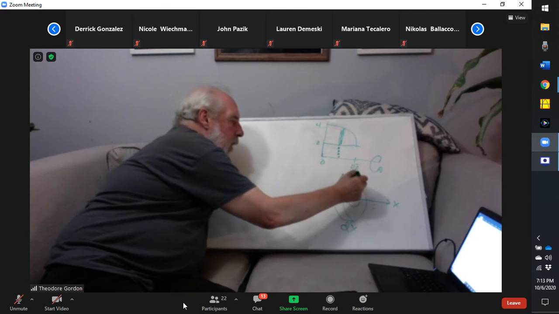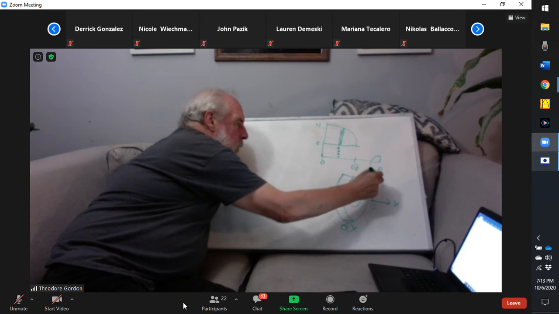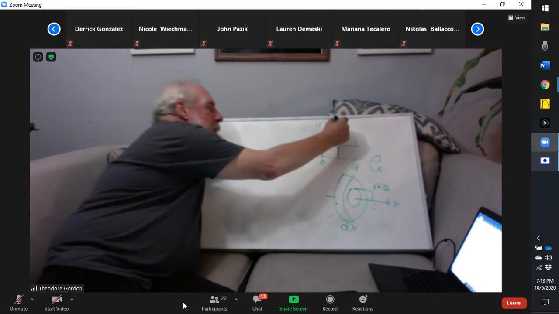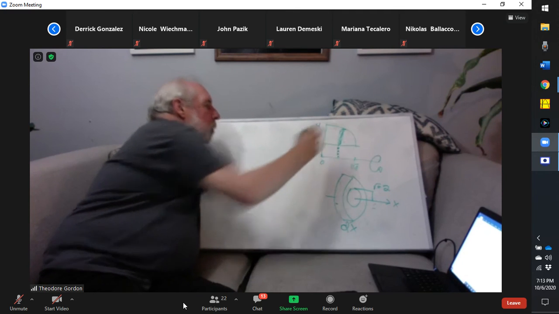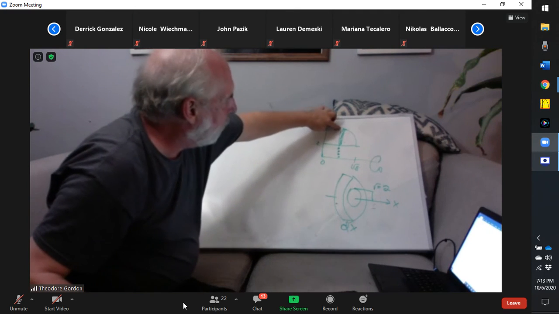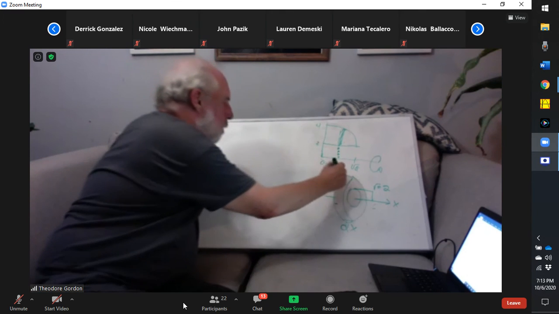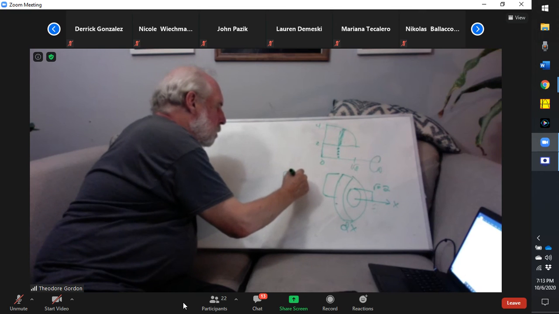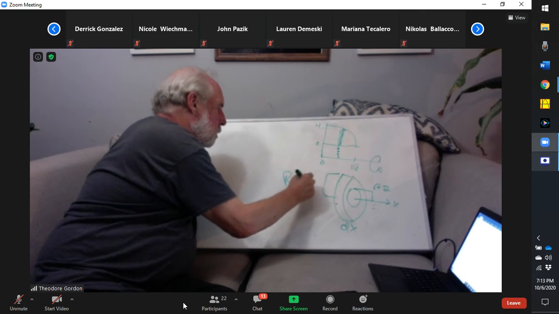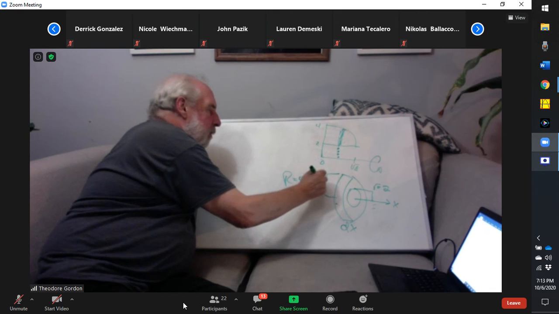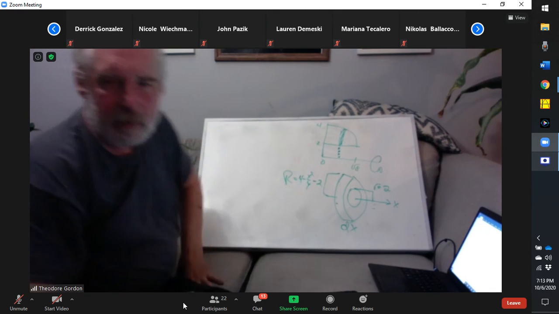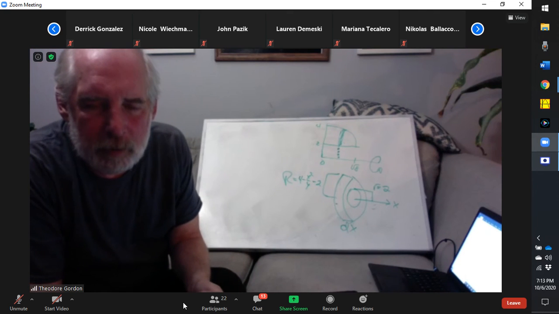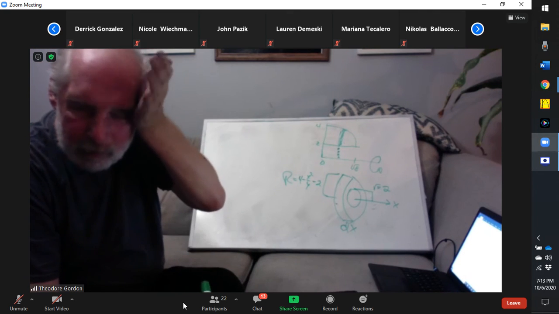So little r is equal to 2. And the big radius, from here to the top of this rectangle, is going to be the function minus the empty space. So that's the big radius. I'll pause there for a second in case you got a question.